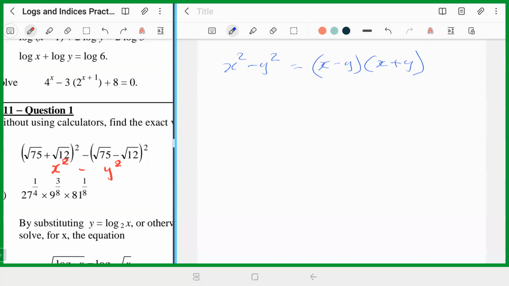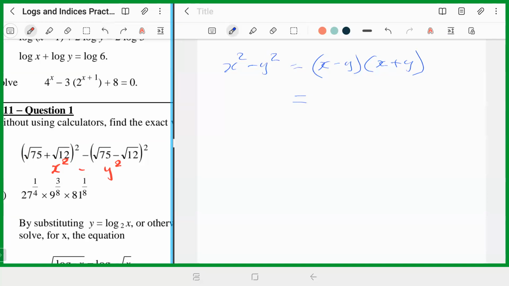What does this mean? It means that I need the difference between this and this in the first bracket, and I need a sum of the same two things inside the other bracket. The difference first: root 75 minus root 75 is gone, and then root 12 minus a negative root 12 gives me 2 root 12.